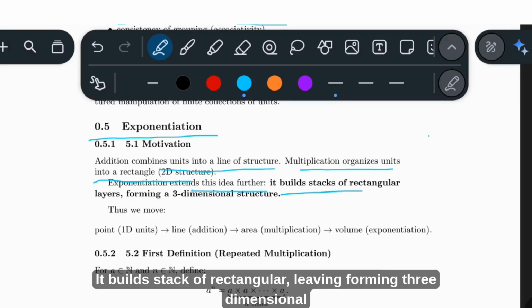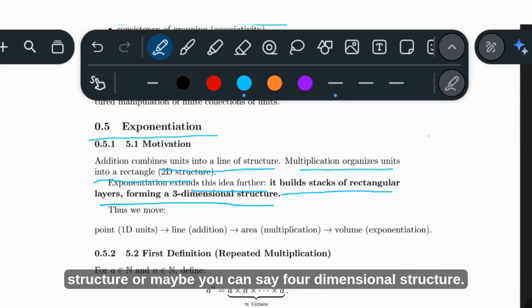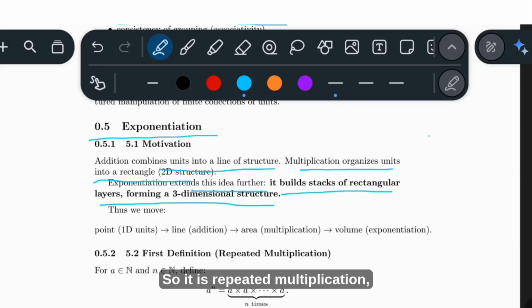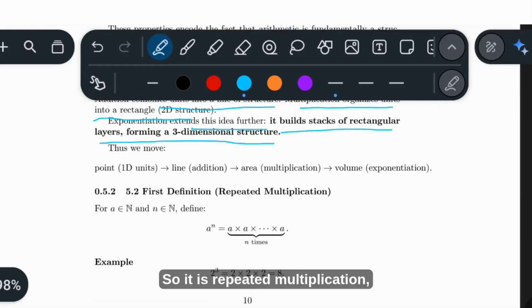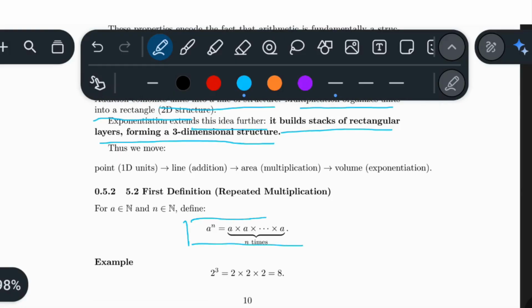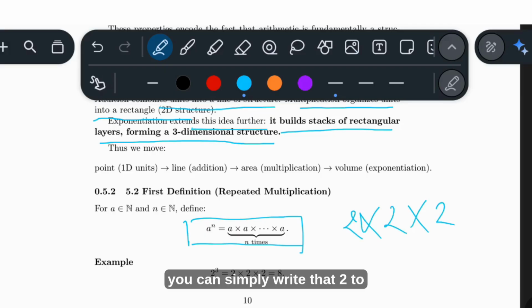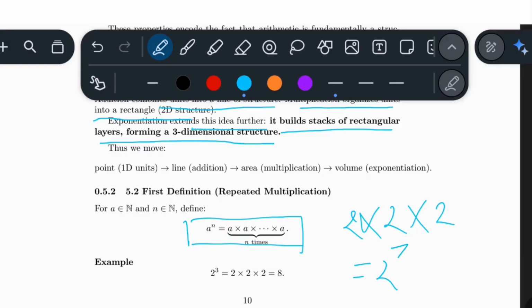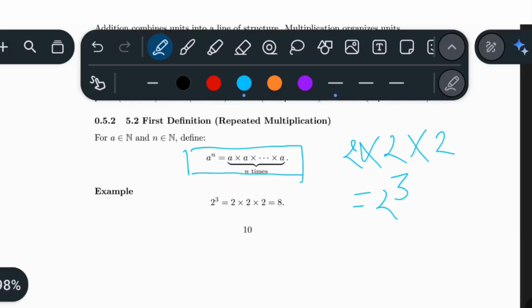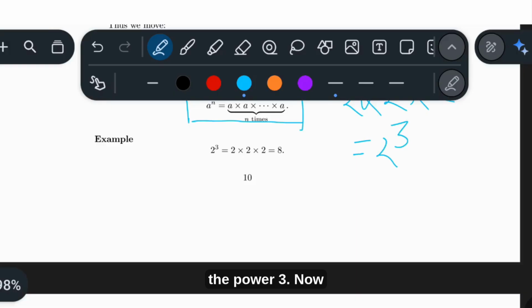It builds stacks of rectangular layers, forming a three-dimensional structure, or maybe a four-dimensional structure, that depends. So it is repeated multiplication. When you have to multiply 2 times 2 times 2, you can simply write 2 to the power 3.